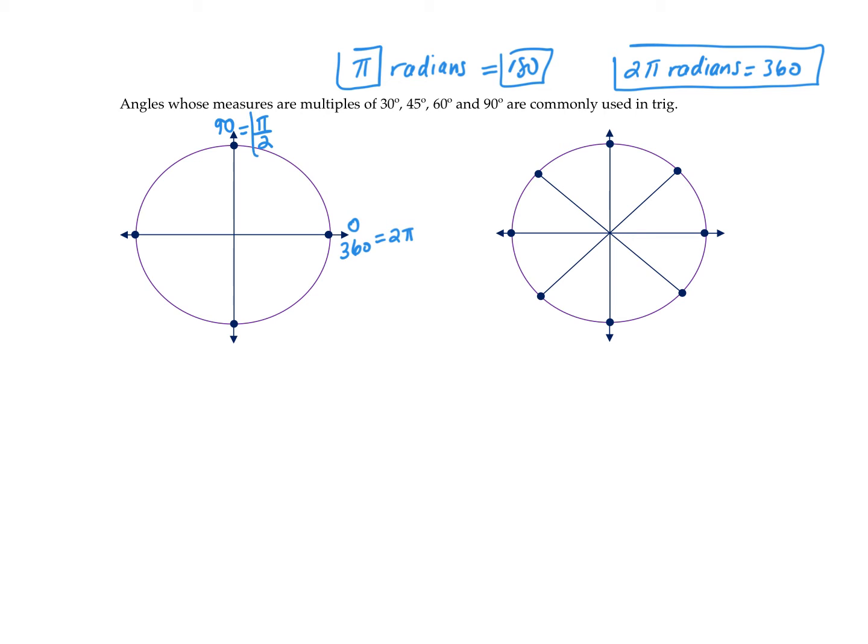Well, if you want to count by pi over 2's, this one would be 2 pi over 2, because that's 2 times 90, but notice that that reduces to pi. So 180 degrees is equal to pi.